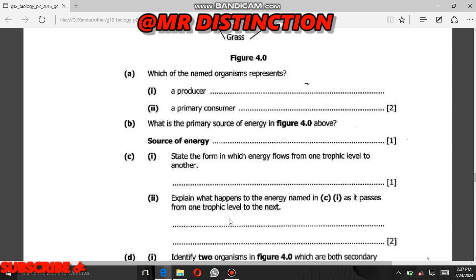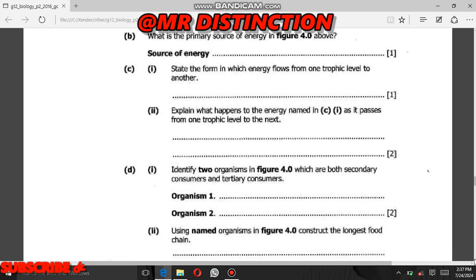For that reason, that energy will be lost. Due to that, the amount of energy will be reduced. Hence, as that energy passes from one organism to another organism, it will be reduced. So that was the answer for question C2.